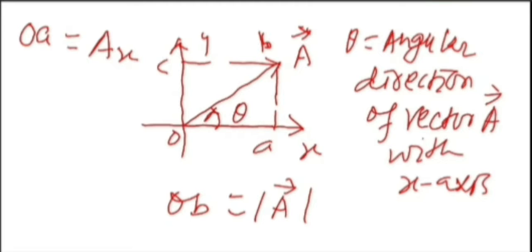Ax means the horizontal component of vector A, Ay means the vertical component of vector A, and we know theta is the angular direction of vector A with the x-axis.